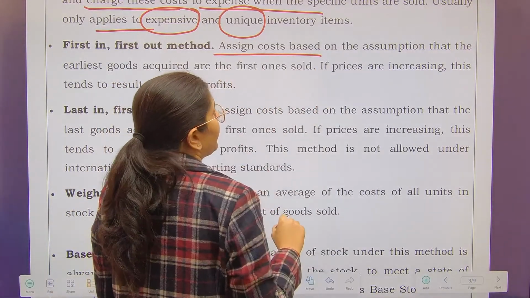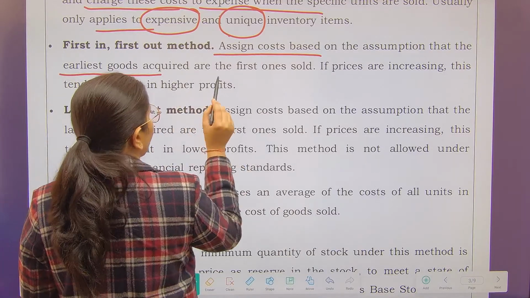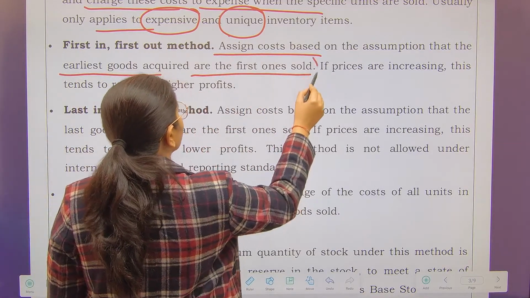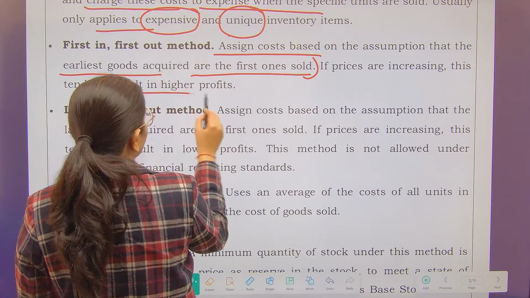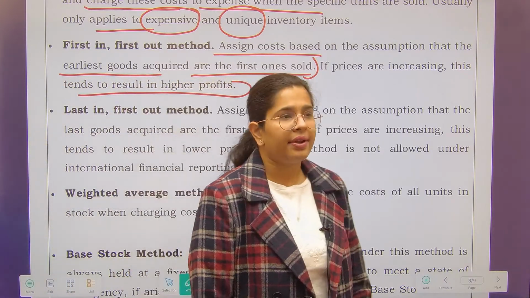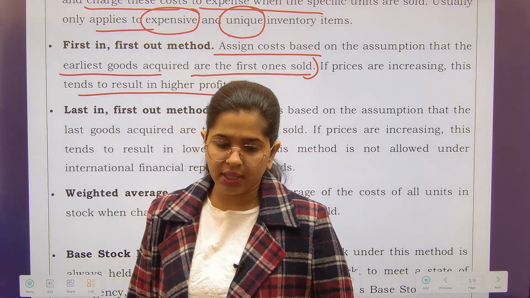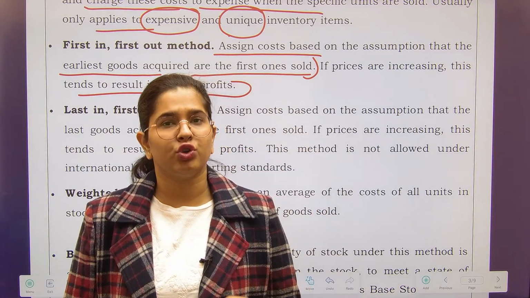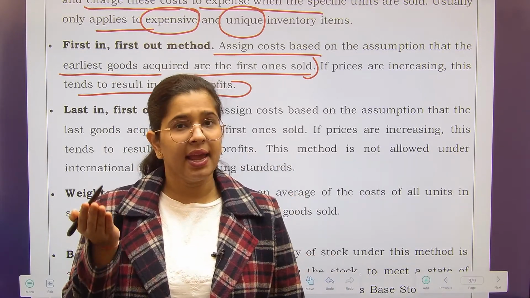Assign cost based on the assumption that the earliest goods acquired are the first ones sold. If prices are increasing, this tends to result in higher profits. Obviously, at the earlier stages when prices were lower, if you use that commodity in your production, then your costs will be lower and profits will be higher.